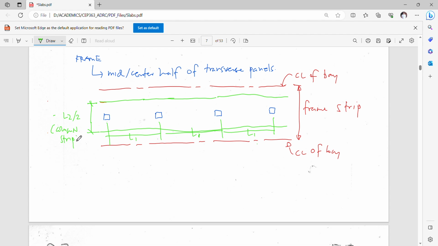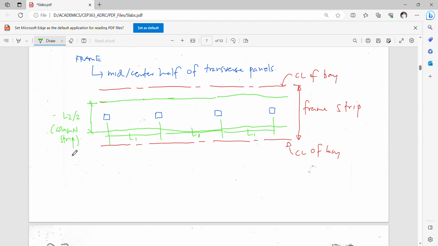We have to bear in mind that these terms are used in the ACI code, so you must understand them very well, so that your parameters will be accurate when you put them into the formula we use in getting the percentages of moments.